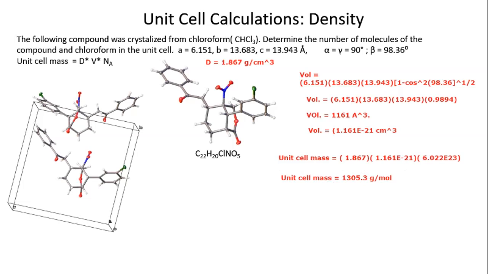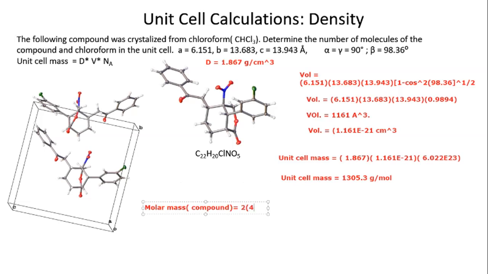Now stay with me here for a second. We're almost done. I know it's been a little longer, but we want to determine the molar mass of the compound. So since there are two molecules in this unit cell, the contribution from the compound would be 2 times the molar mass of that compound. So we have 22 times 12 plus 20 plus 35.5 plus 14 plus 5 times 16.